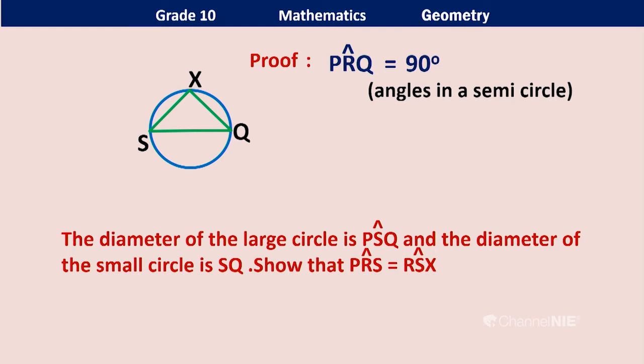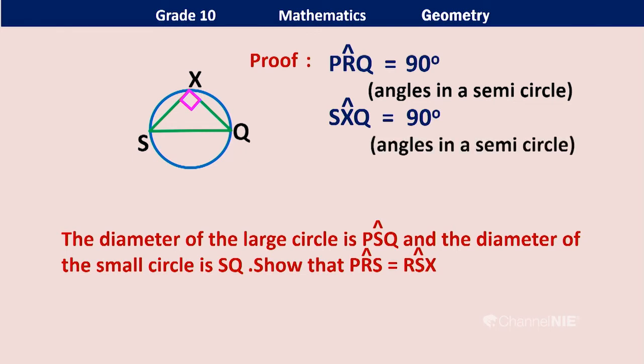Therefore, the magnitude of the angle SXQ is 90 degrees. So, angle SXQ is equal to 90 degrees. Once again, you have to mention the reason, that is angles in a semicircle.